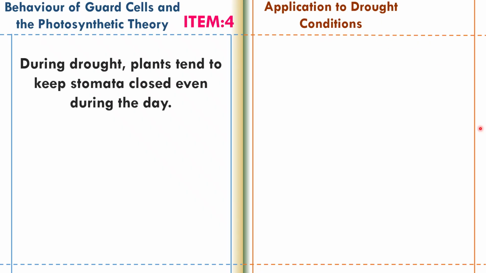Still under behavior of guard cells and photosynthetic theory. Item 4. Focusing on application to drought conditions. During drought, plants tend to keep stomata closed, even during the day. Task.